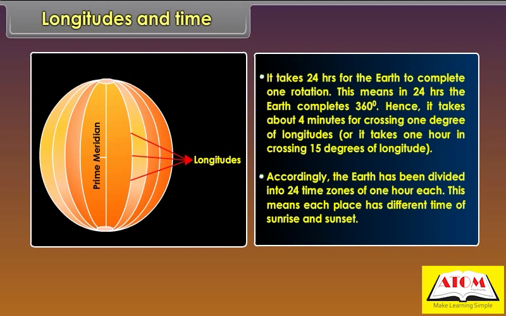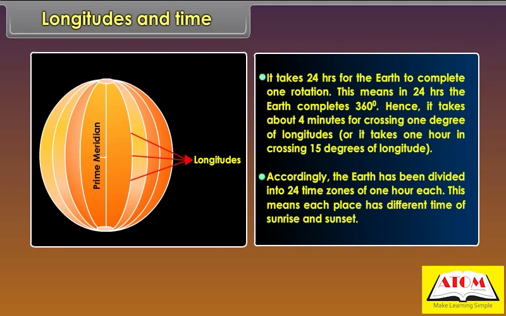Hence, it takes about 4 minutes for crossing 1 degree of longitude, or 1 hour in crossing 15 degrees of longitude. Accordingly, the Earth has been divided into 24 time zones of 1 hour each.